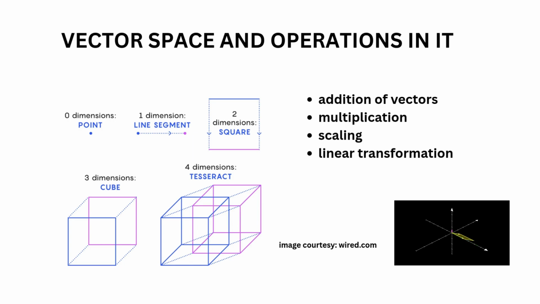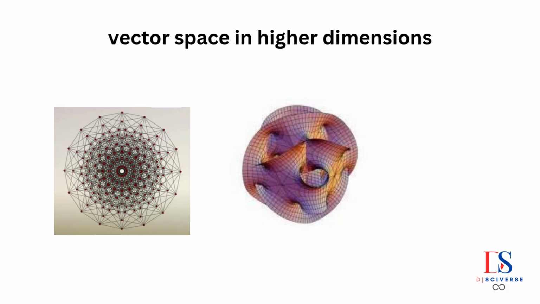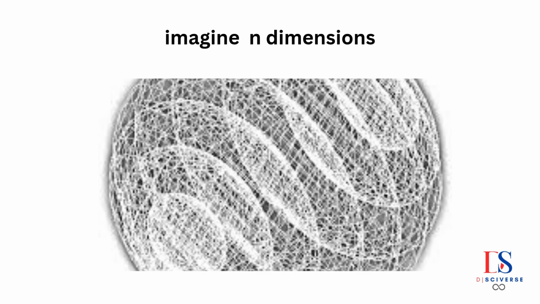Now picture this like a vast invisible world, not just limited to 2D or 3D, which you can visualize, but stretching across 100, 500, 10,000 or even more dimensions. Just imagine 10,000 dimensions of higher dimensionality.